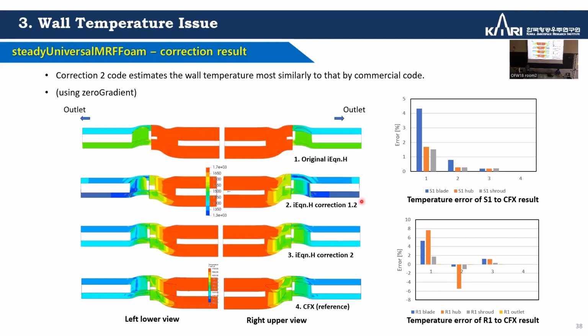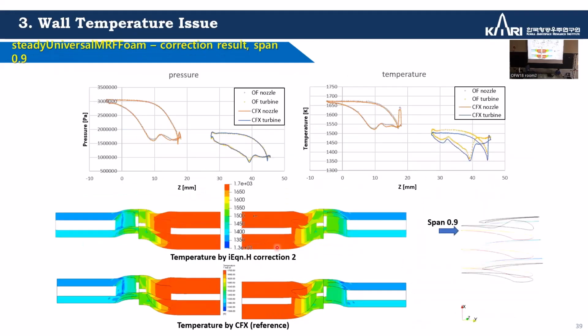So this is the ultimate solution and the result, and I see that the errors decreased a lot, and in the span graph, I see that the pressure and temperature values are matching each other.